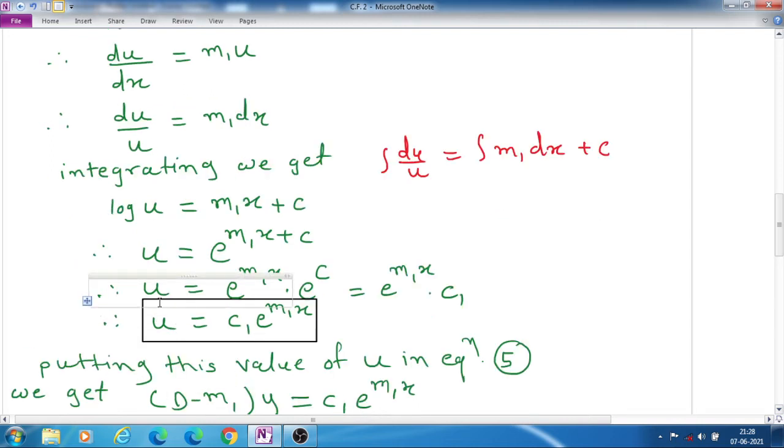So now if we eliminate log, then we get u is equal to e raised to what is on the RHS, e raised to m1x plus c.